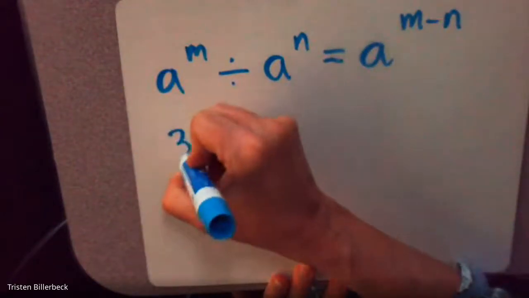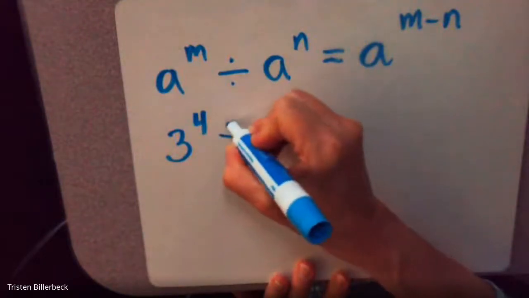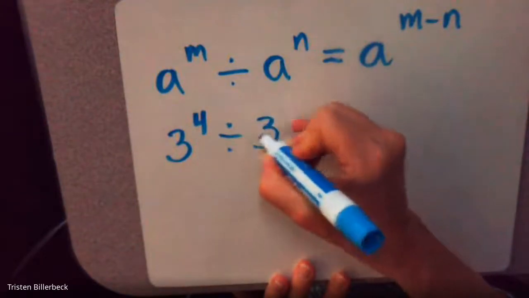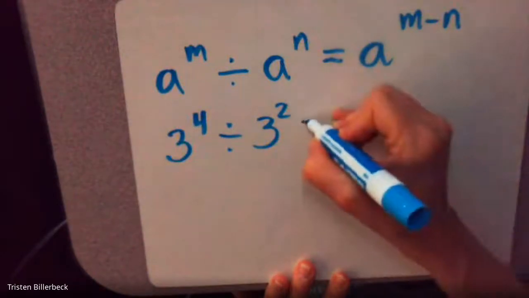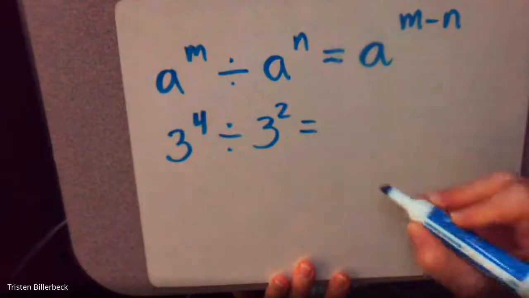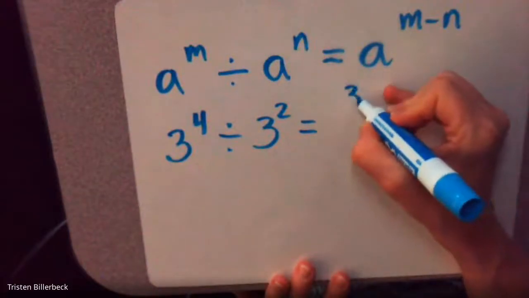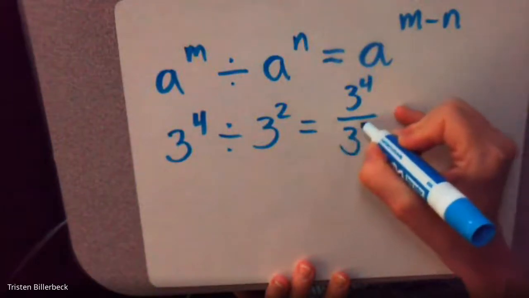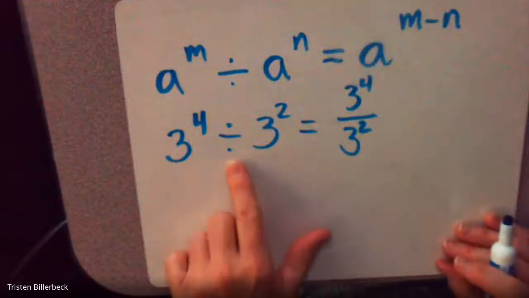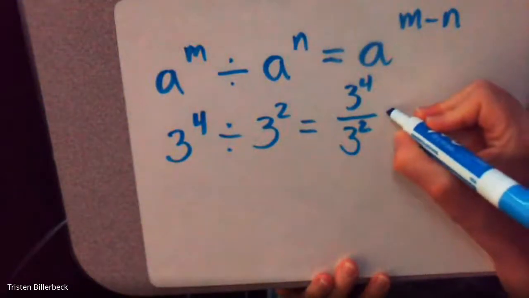Let's do 3 to the 4th divided by 3 squared. That's the same thing as 3 to the 4th over 3 squared, because a division sign is just that little fraction bar. Then let's expand it out.